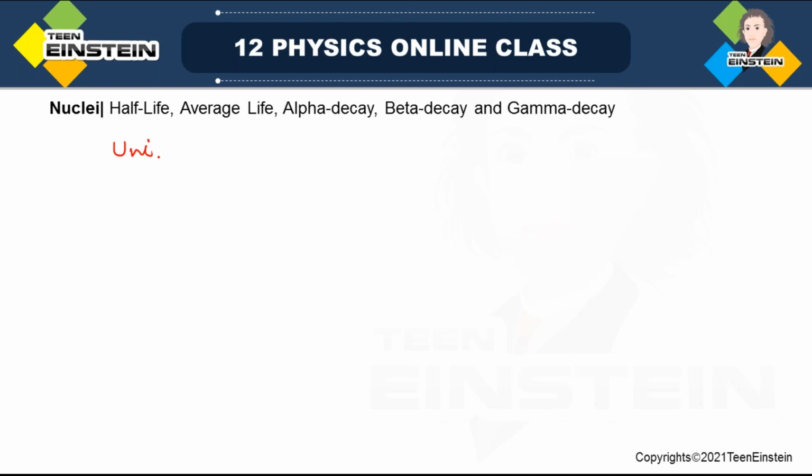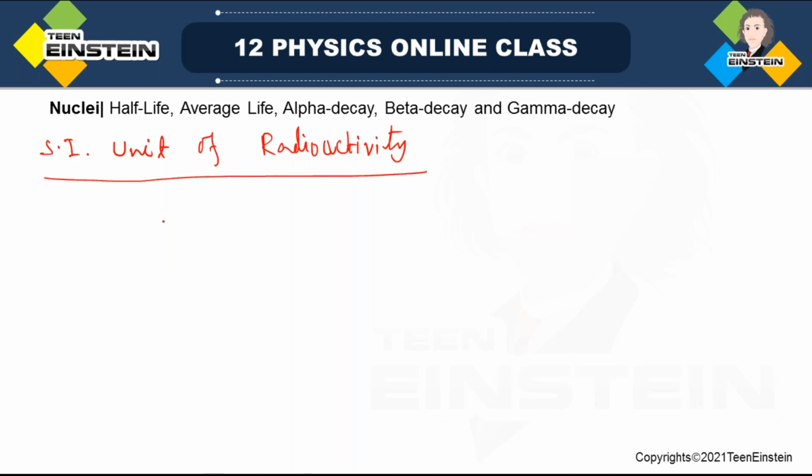The SI unit of radioactivity is the becquerel, B-E-C-Q-U-E-R-E-L.